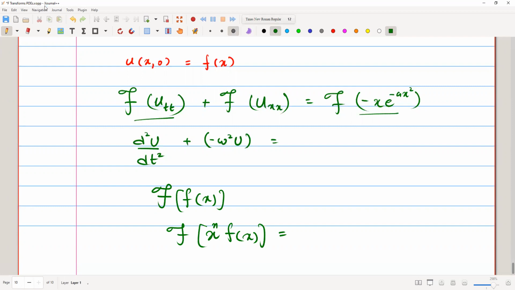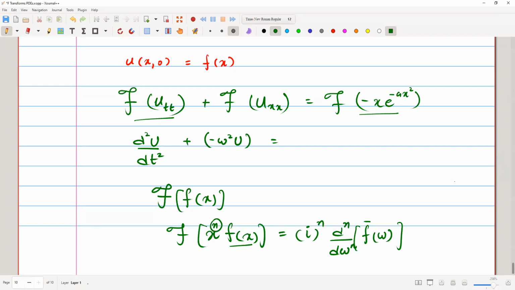So it will be simply equal to iota to the power n times the n-th derivative. N-th derivative simply means that whatever power you have here, times the function of omega. So this function of omega is nothing but the Fourier transform of this function, right?